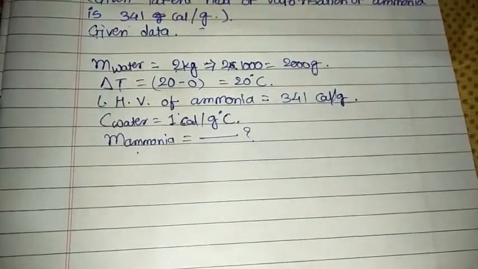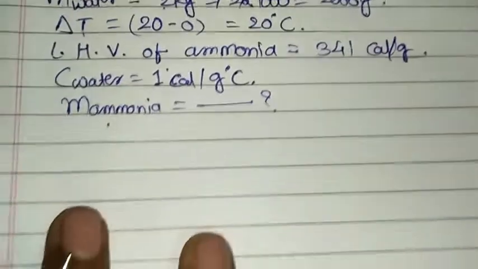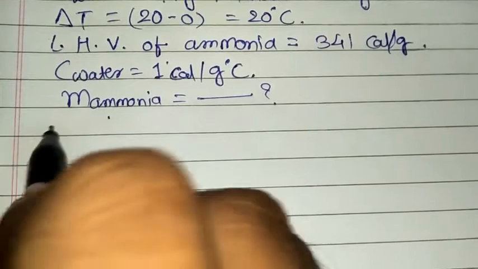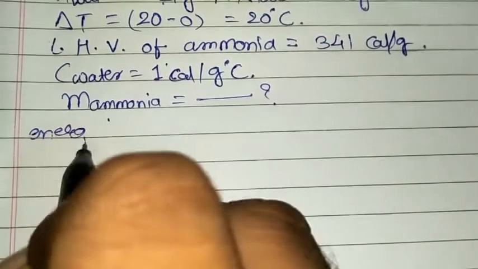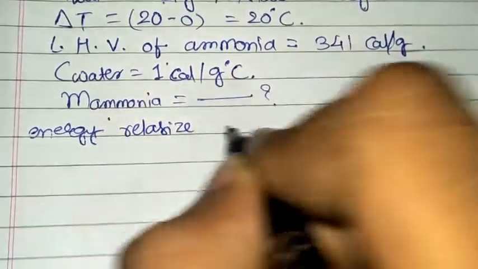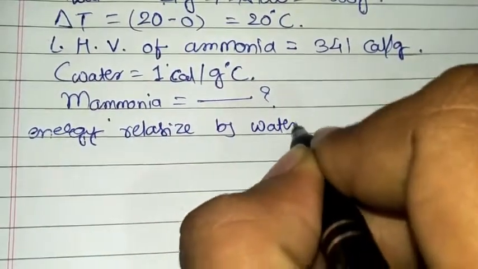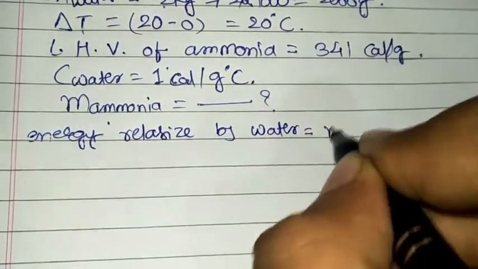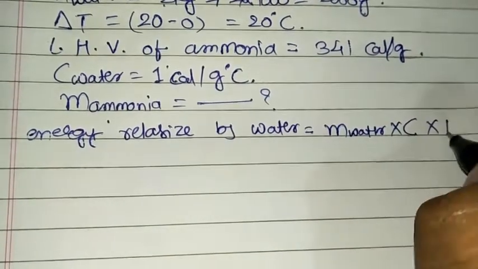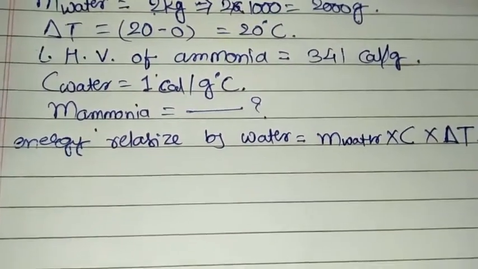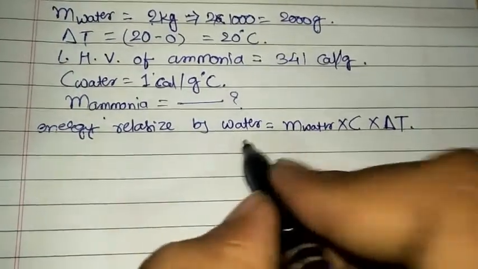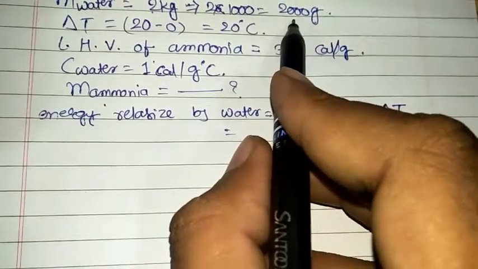See students, now what we have to do is the energy released by water. Energy released by water is equal to mass of water into specific heat capacity into change in temperature, that is delta T. Now when we add the quantities, mass is given, that is 2000 gram.